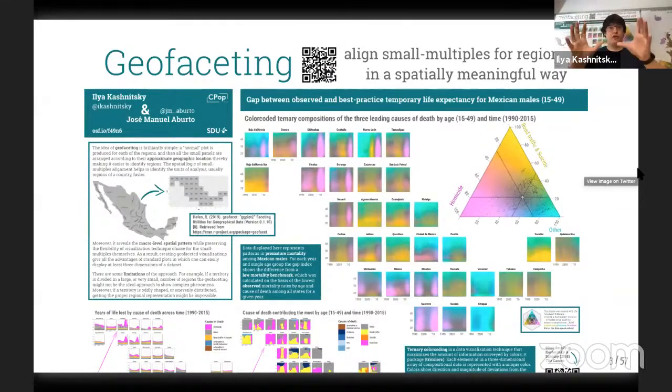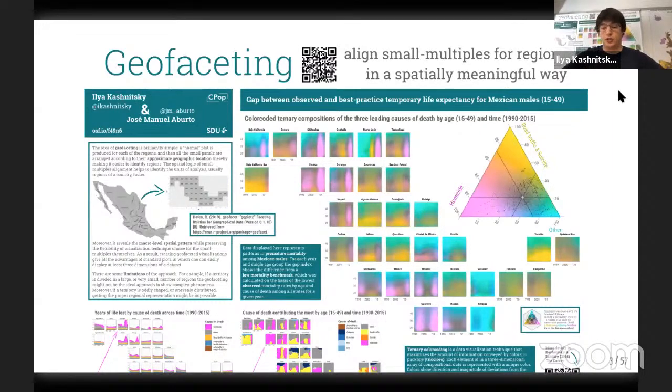So in just one figure, you can have a snapshot of the recent history of excess young male mortality in the country. This is the kind of visualization that can help us uncover a lot with just one simple glance. Okay, I will not stop longer on this, but just to illustrate.